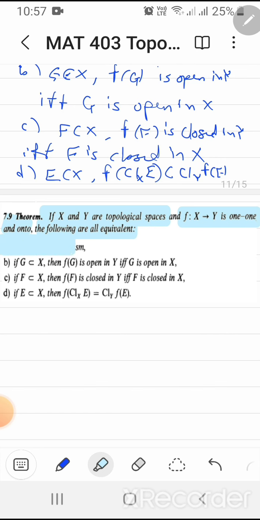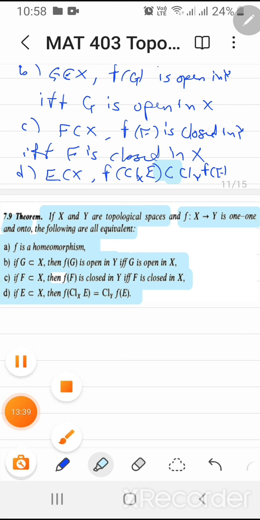First condition: f is a homeomorphism. Second: if G is a subset of X, then f of G is open in Y if and only if G is open in X. Third: if F is a subset of X, then f of F is closed in Y if and only if F is closed in X. And last: if E is a subset of X, then f of the closure of E over X is equal to the closure of f of E over Y.